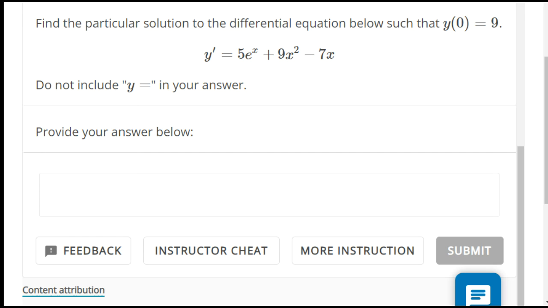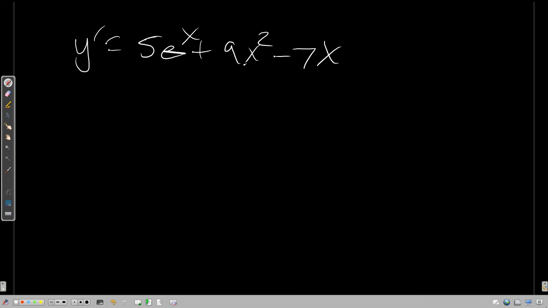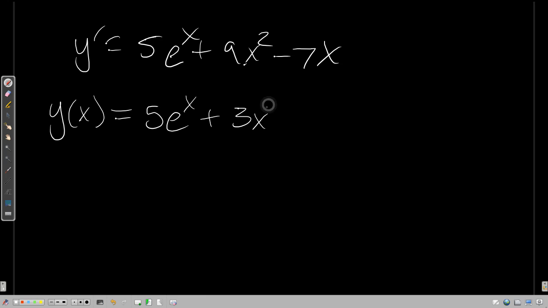Here's another one. Y prime is 5e to the x plus 9x squared minus 7x. Okay, so integrate both sides. Then you can get a function of x whose name is y. It would be 5e to the x plus 9/3 x cubed minus 7/2 x squared plus a constant.